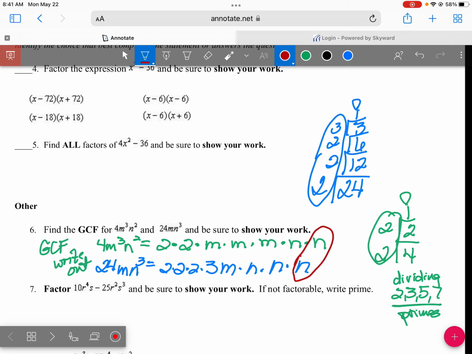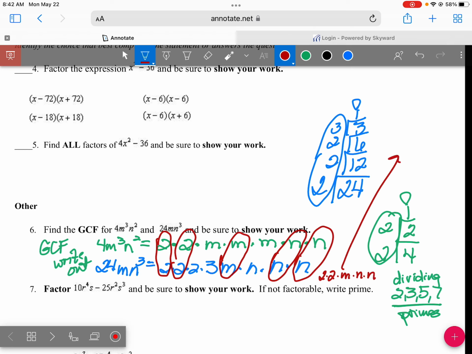So I've got an n, a second n here, an m here, and I have 2 2's, m, no more 2, 3, n. So looking at those pairs, it would be 2 times 2 times m times n times n. 2 times 2 is 4, m n to the second.